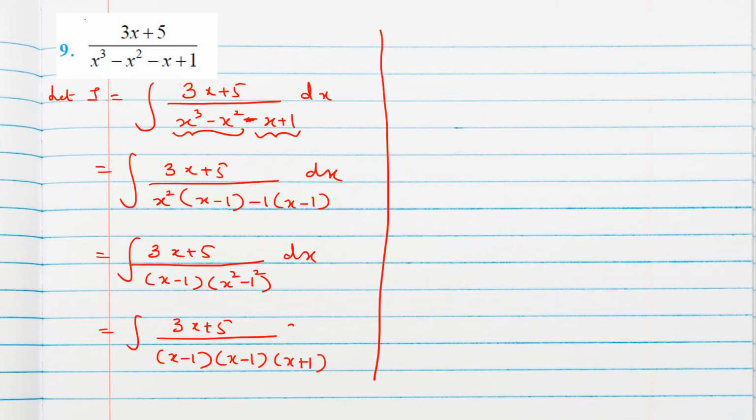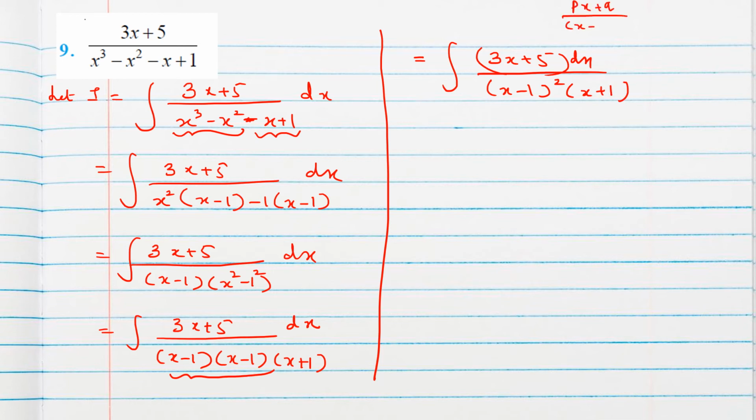That means finally we get here x minus 1 whole square, x plus 1. So this is of the type px plus q divided by, suppose, x minus a square, x minus b. Okay, so the partial form will be a by x minus a, b by x minus a whole square, plus c by the second bracket.